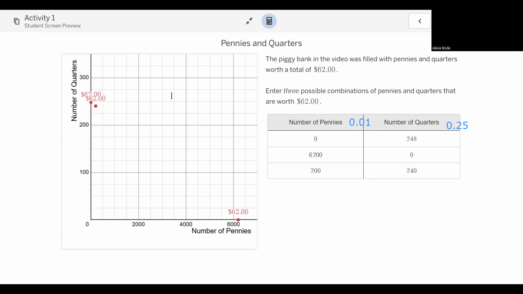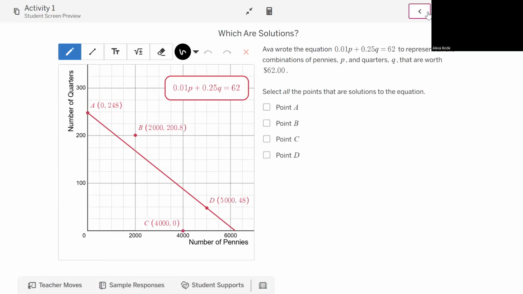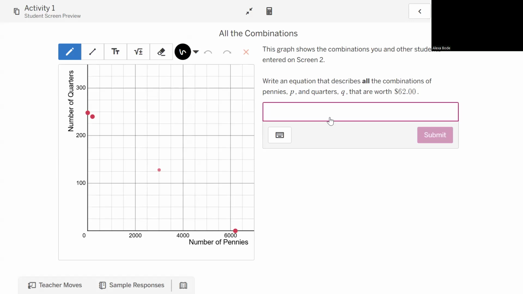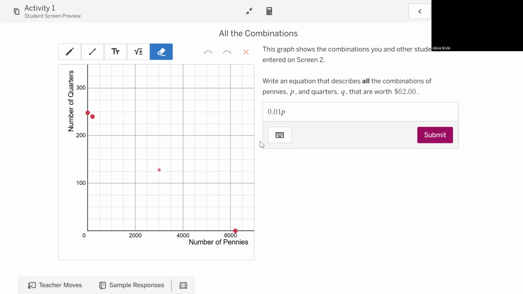Okay. So for our equation, it would be 0.01 times the number of pennies, because it wants us to use P for pennies. So each penny is worth $0.01. Ignore that dot on here, I don't know where that dot came from.